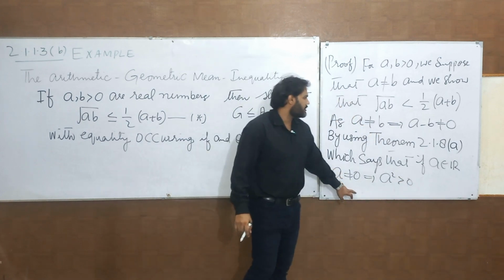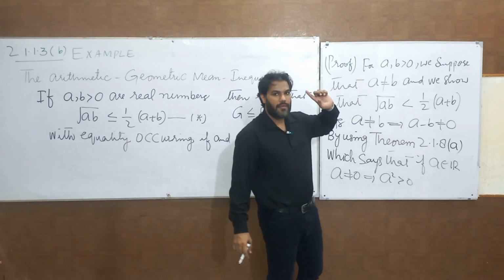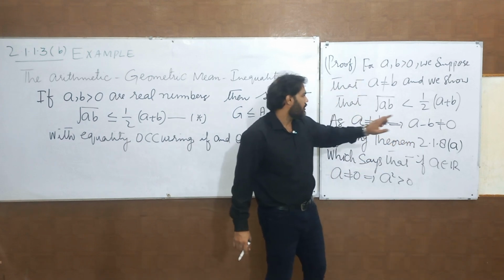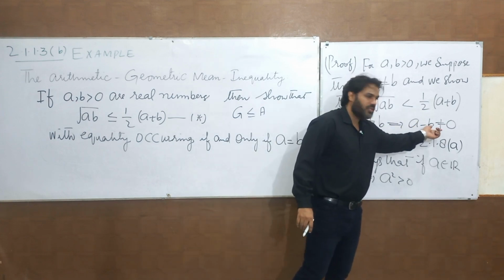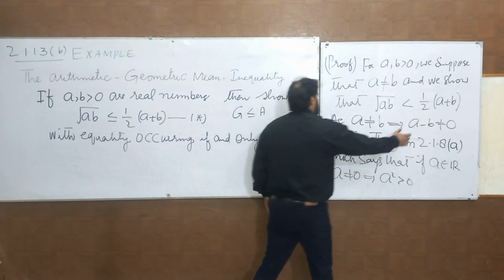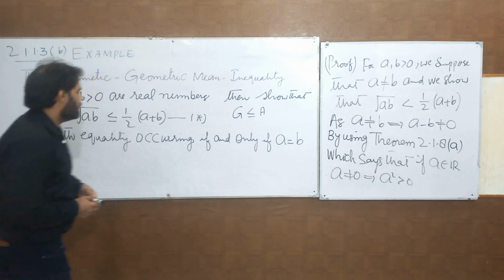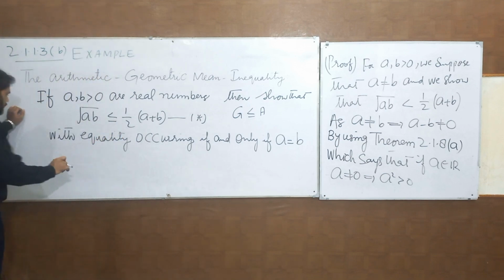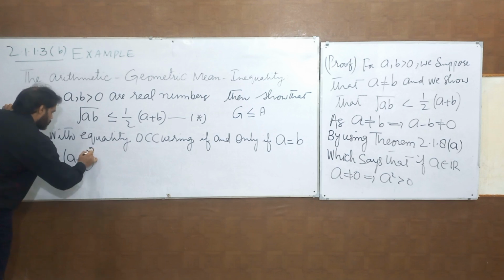So according to this result, a and b are real numbers, so a minus b is also a real number, and it is a non-zero number. So according to this theorem, the square of the difference, (a minus b) whole squared, should be greater than 0.